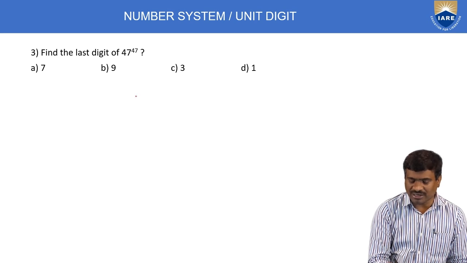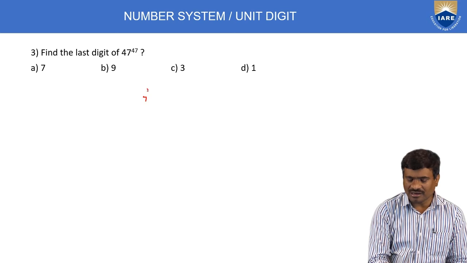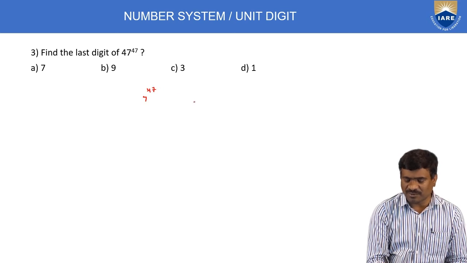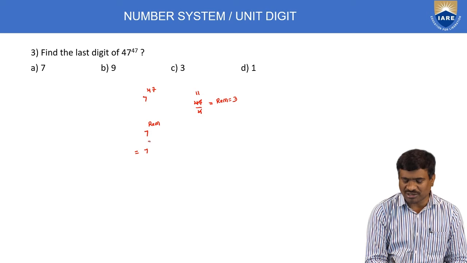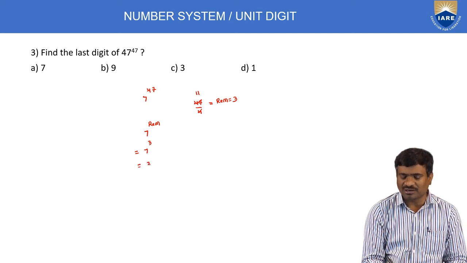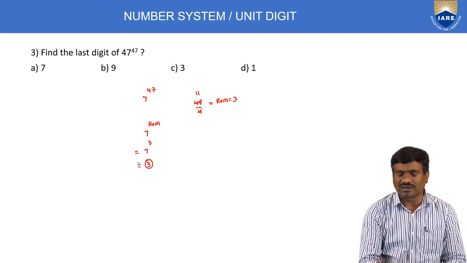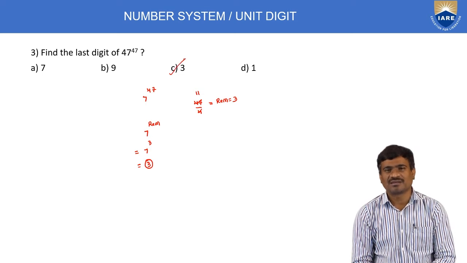So it is written as 7 to the power of 47. Next, 47 divided by 4: 4 into 11 is 44. The remainder is only 3. Next, 7 to the power of the remainder. When the remainder is 3, 7 cubed is 343. In 343, the unit digit is only 3. Option C.